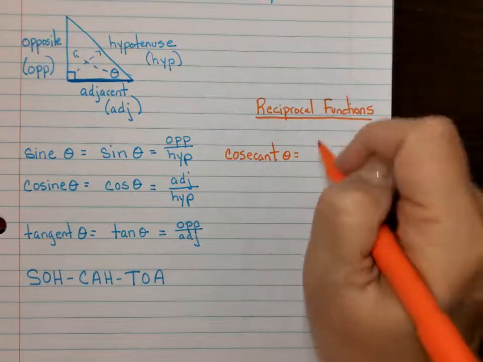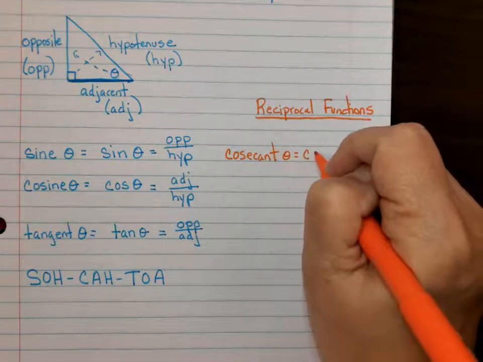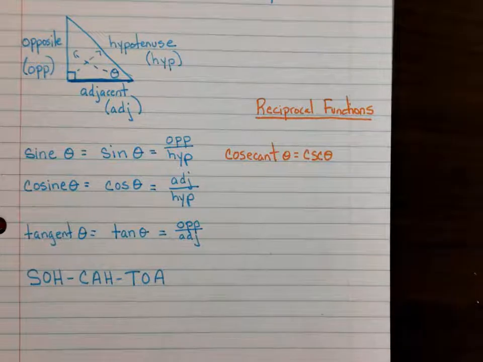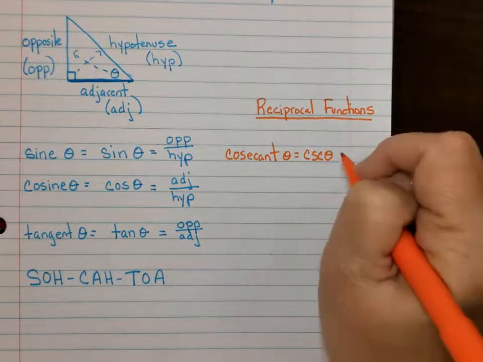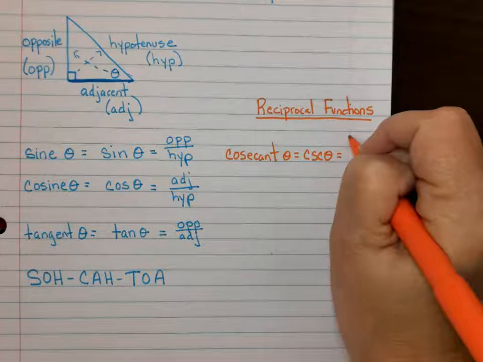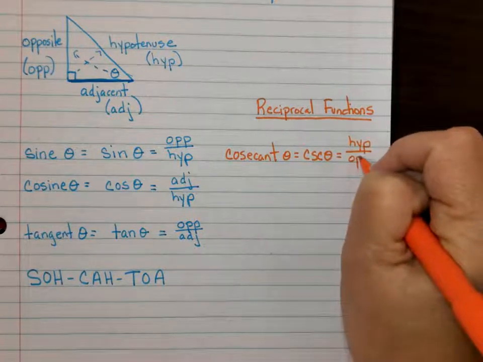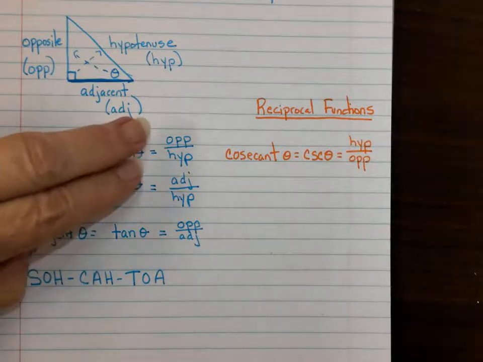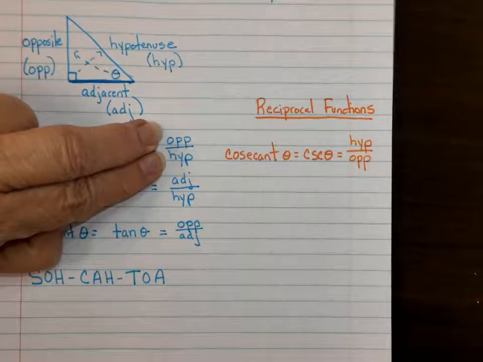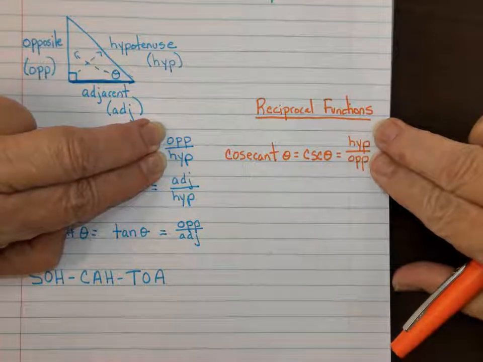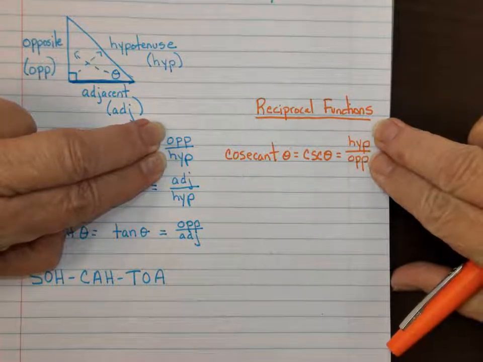So cosecant is abbreviated CSC, cosecant of theta. And that is equal to the length of the hypotenuse divided by the length of the opposite side. So look at your sine fraction and your cosecant. Do you see how they're reciprocals of one another?